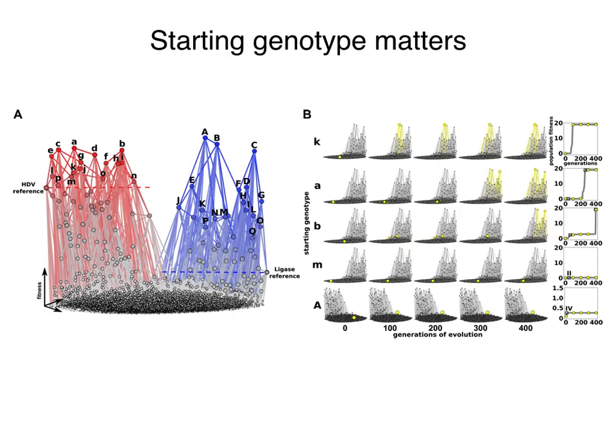And so we did this from numerous genotypes, all the genotypes that were as active as HDV or more active, evolving towards the ligase activity. And we did the other way, taking the same number of genotypes on the ligase side and evolving them towards HDV activity. And we see these different dynamics depending on where we start in genotype space.